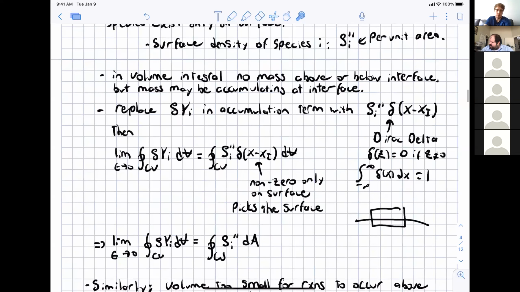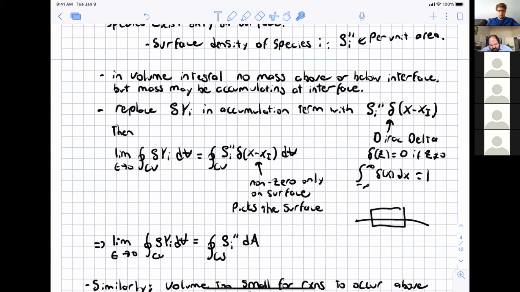In Kuo's textbook, which you can get in the low price edition for $30, he goes over this a bit more. I'm just bringing this to your attention because you do see this used from time to time, especially when we start to track interfaces for multi-phase flow and combustion.